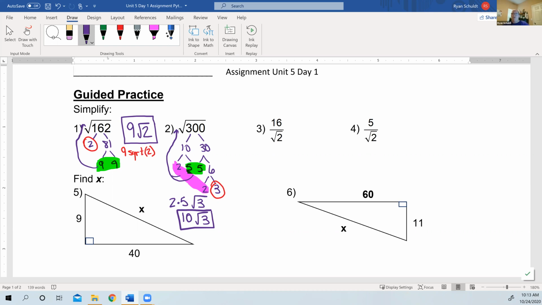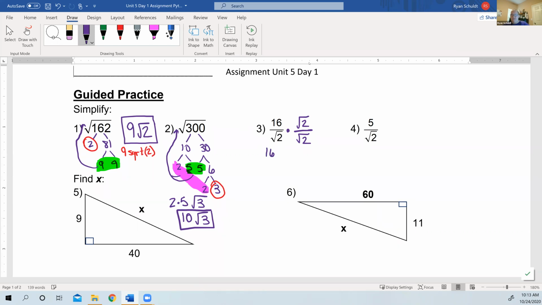Okay, number 3. Notice we have this radical down here in the denominator. That's no good. We've got to multiply by our special number 1 here. So the square root of 2 over the square root of 2.